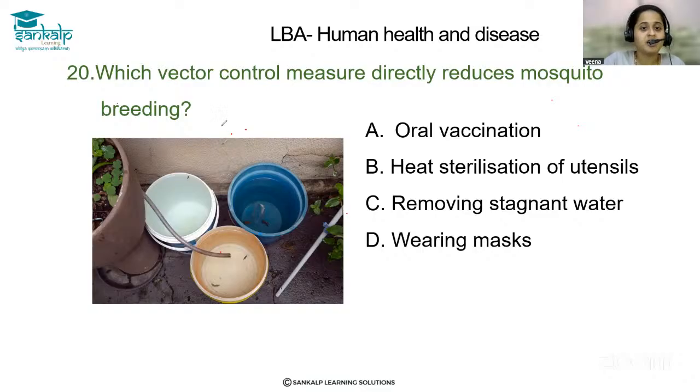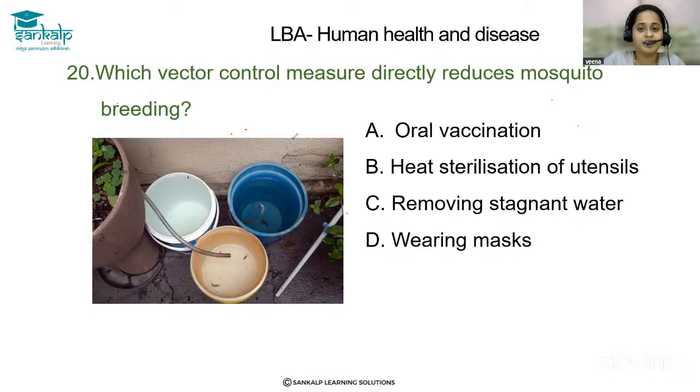That's why during the rainy season the mosquito number becomes higher, but during the heat or summer, fewer mosquitoes are there because there is no stagnant water. Everything gets dry in the summer, so the mosquito number is very low.